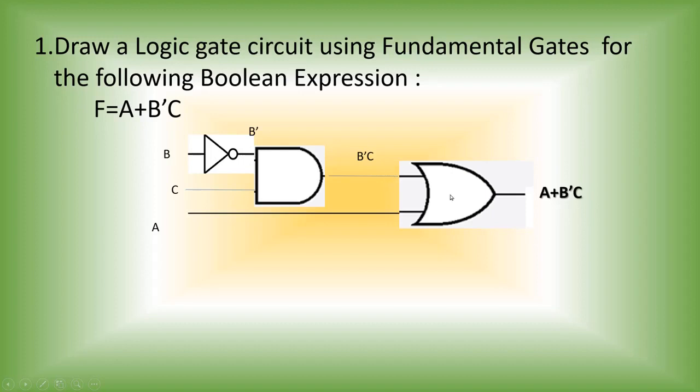Here for this OR gate, B complement C is the input, that is why I wrote B complement C over here. And the second input is A, that is why I wrote for this line the input as A. So that is given to this OR gate, and it produced this output. So the output is also labeled like this. So when you draw the logic circuit, you have to label both input and output.